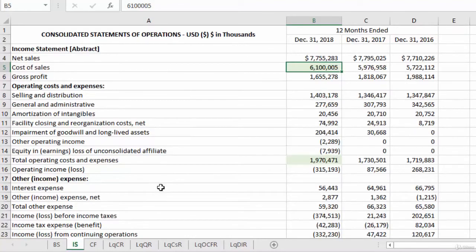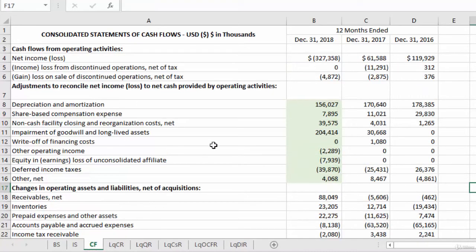Well, we can identify the non-cash charges from the income statement, but to me, it is easier to get it from the cash flow statement, because the cash flow statement clearly adjusts the net income by the non-cash charges.